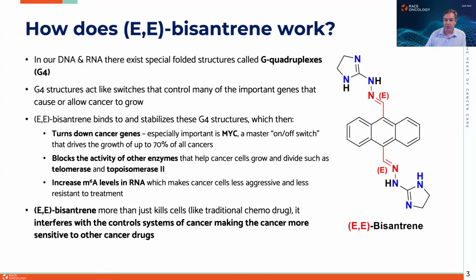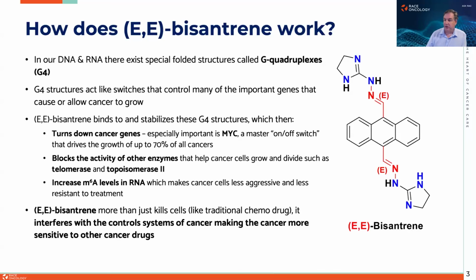It's really important because it's involved in so many different cancers and the regulation of their growth. It also blocks the activity of other enzymes in the cell, such as telomerase and topoisomerase 2, which are very important for cell division and for disentangling DNA when cell division occurs.